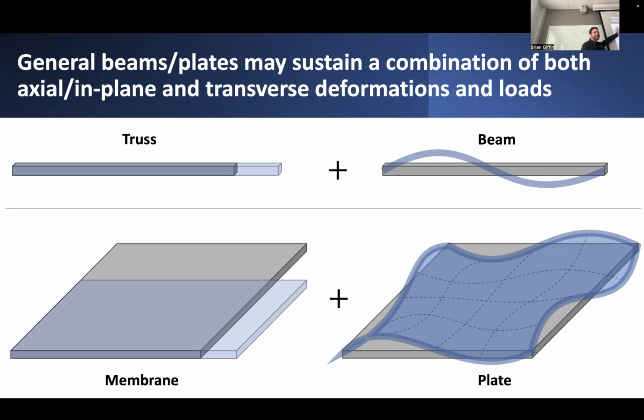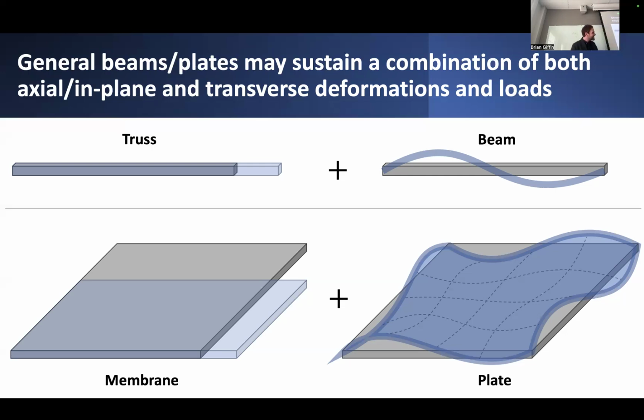If you have a perfectly straight beam, then it's actually possible to decouple these two things and come up with solutions that are basically superpositions of these two things happening simultaneously. So you can solve a problem that involves axial deformations independently of the transverse deflections, and then you can combine the resulting solutions together to represent what's happening to this whole beam under combined truss-like action or axial extension and beam bending.